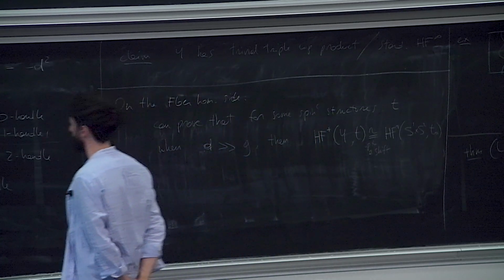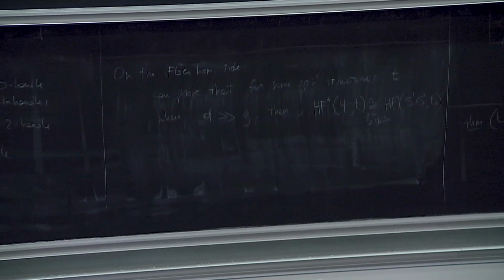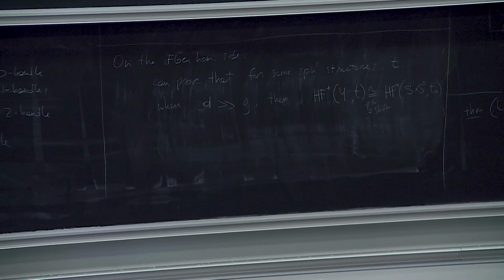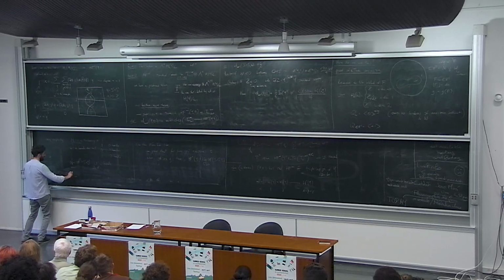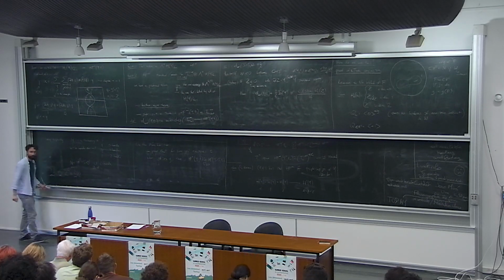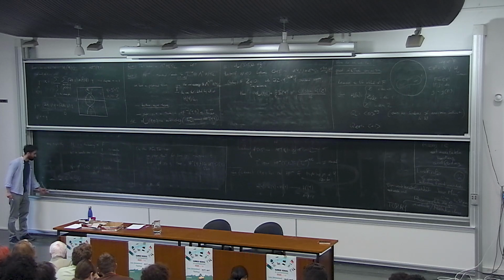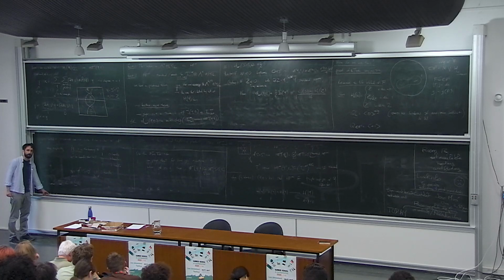Y, that's a good remark. So H1 of Y is Z to the 2G plus Z mod D squared Z. So it has D squared torsion spin C structures.